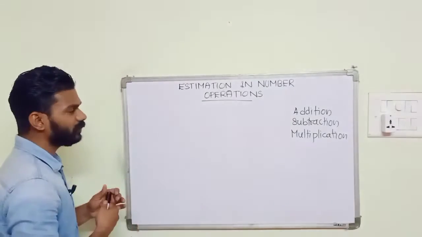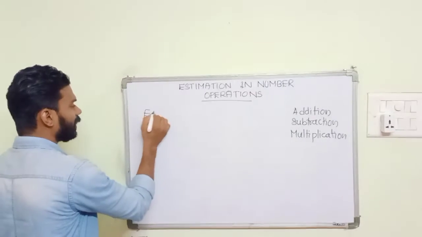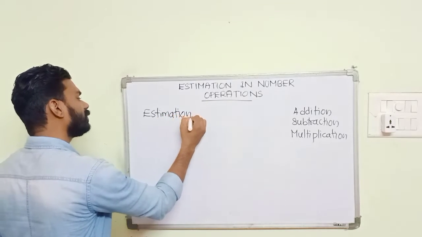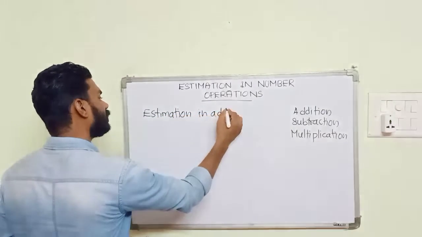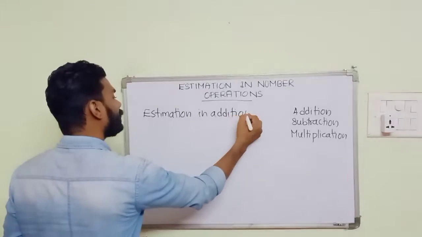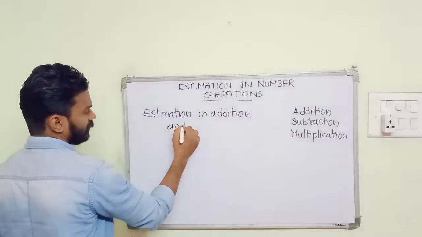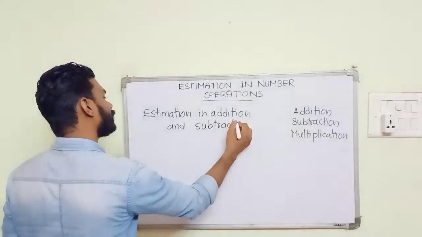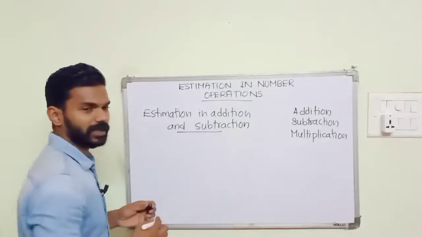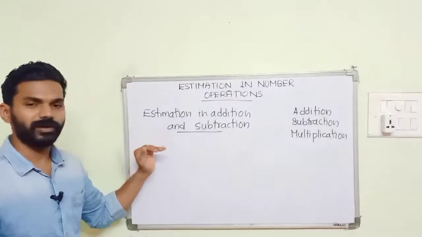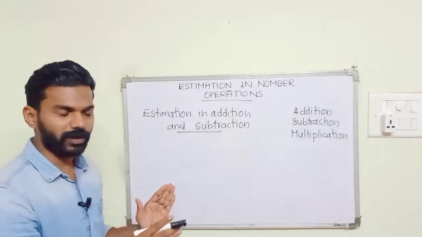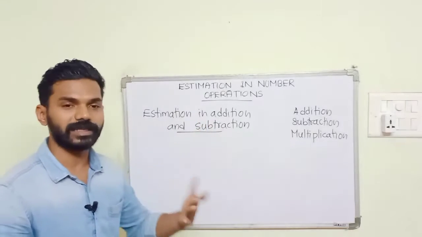So let's begin with estimation in addition. Estimation in addition and subtraction can be discussed together. Do you know why? Because there is no considerable difference between the rules for estimation in addition and subtraction.